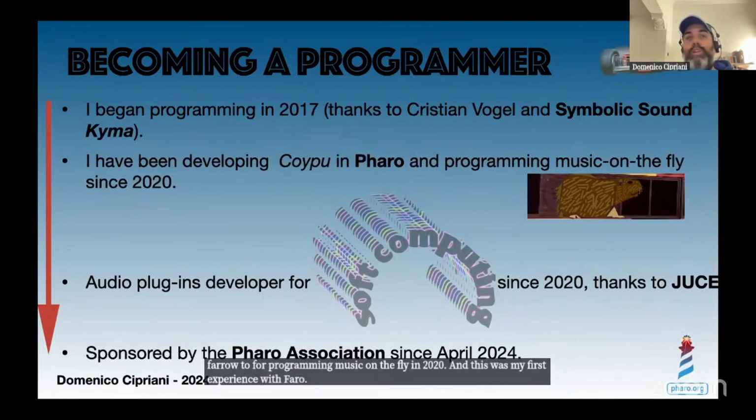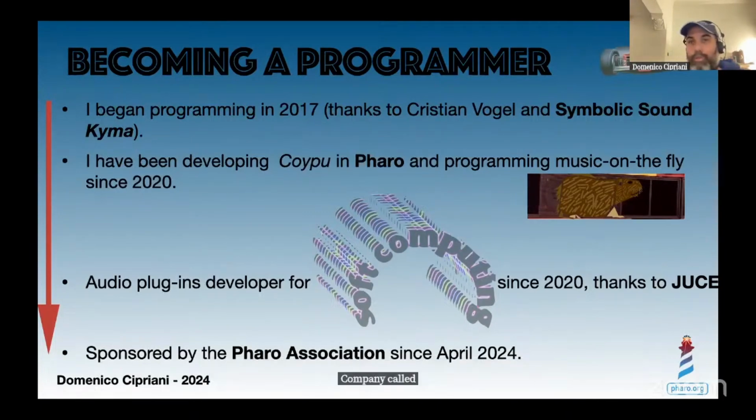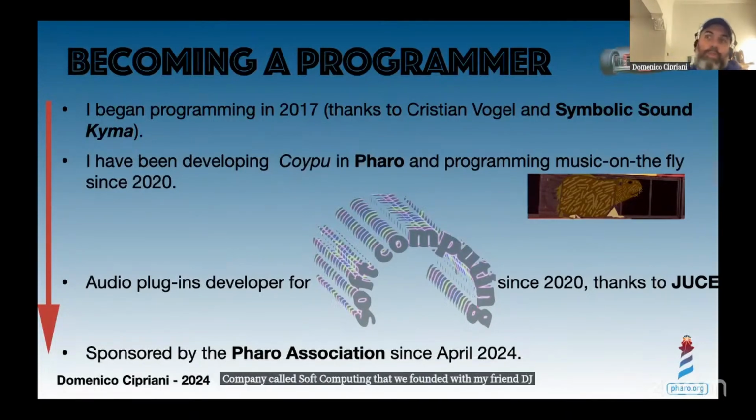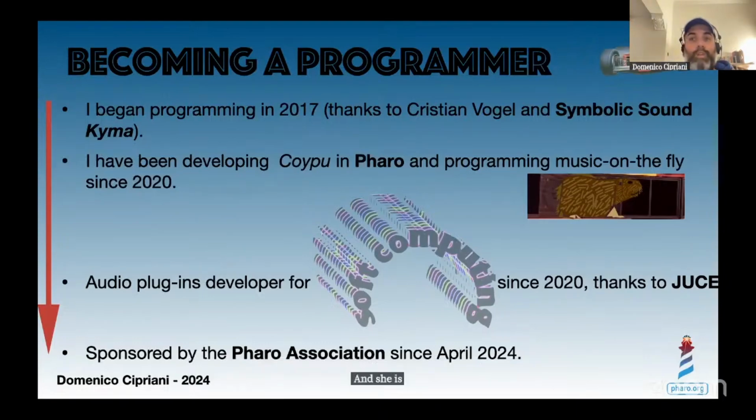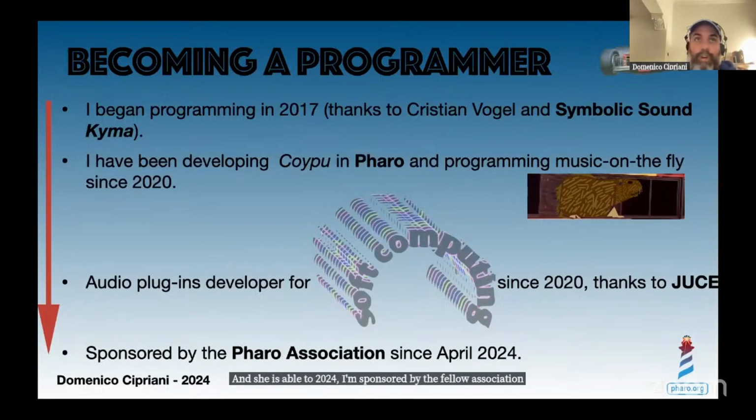Also in 2020, I started to develop audio plugins with a company called Soft Computing that we founded with my friend DJ House of Unknown to the Unknown, and using JUCE, it was made possible for me to make the plugins that we did. And since April 2, 2024, I'm sponsored by the Pharo Association for my work with Phausto.